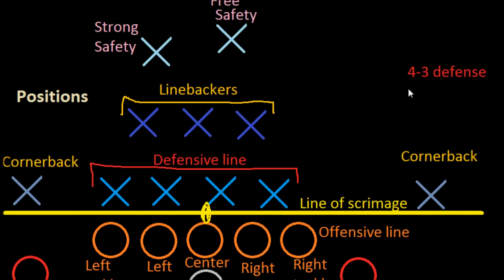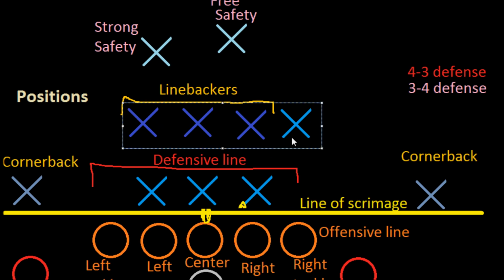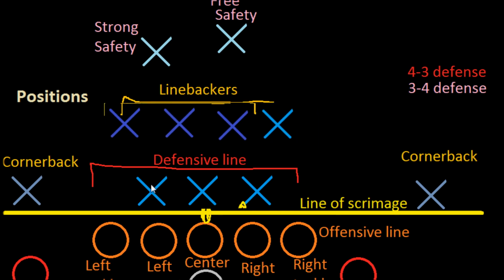The other common way that you might see guys line up instead of a 4-3 is a 3-4 defense, which would simply mean that one of the linemen will actually move back, and so you will have then 3 linemen, and they would move over in the middle there, and then you would have 4 linebackers, so that would be the 3-4 defense then. And really these guys can stand wherever they want.